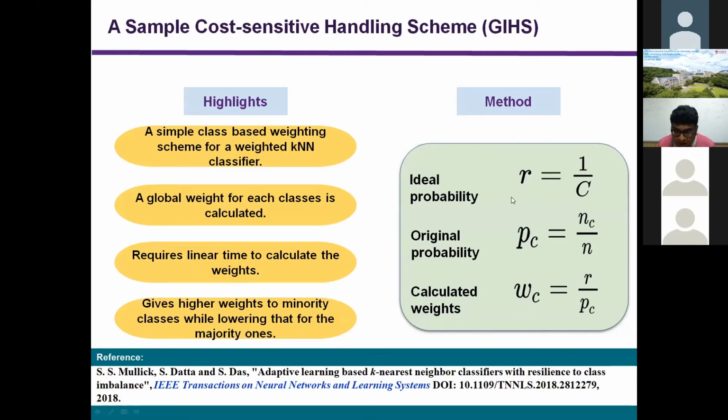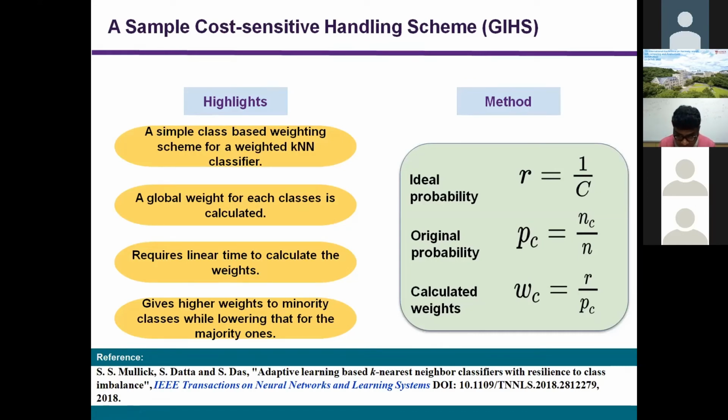The original probability, PC, is the number of points from that class in the training set divided by the total number of points, which is MC by N. Now, R and PC should be equal if all classes have the same number of points. So with 100 points, 50 from class A and 50 from class B, what are the actual probabilities? 50 by 100, which is half. If they're not the same, we calculate class-specific weights, WC, which is R by PC.